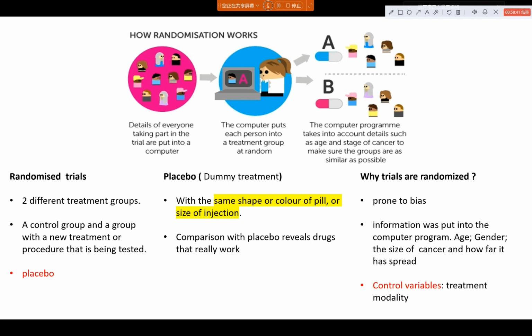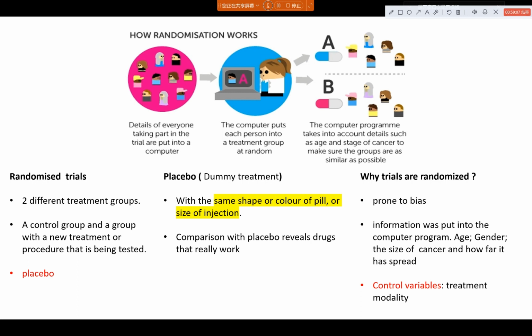Why are trials randomized? Because researchers are possibly biased without realizing it.